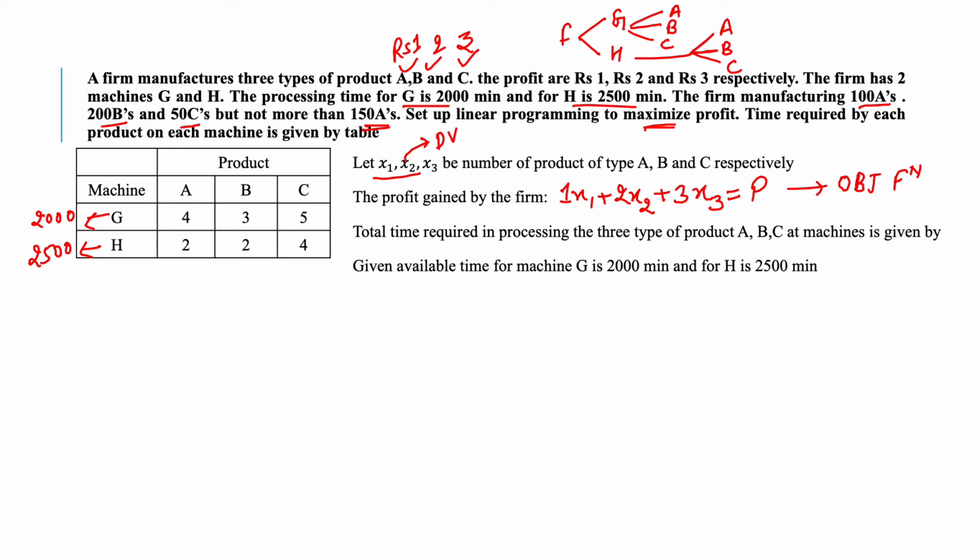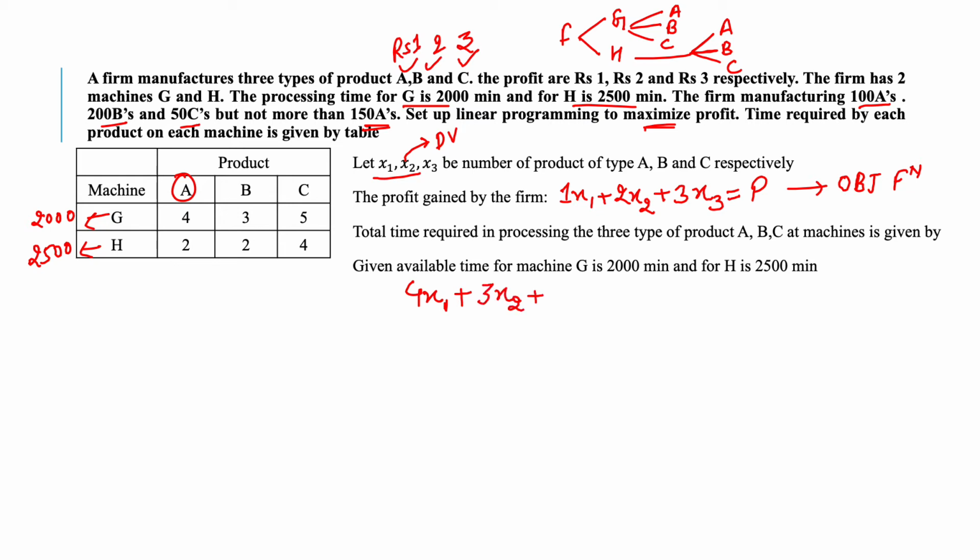So how can I form my constraints? As we know, on machine G the processing time for product A is 4 minutes, and since I am producing x1 number of product of type A, this will be my total time consumed by that production on machine G. Similarly for product B, 3 into x2 will be my processing time.